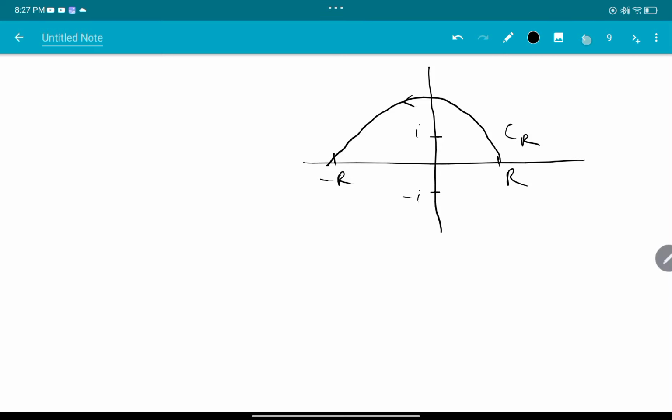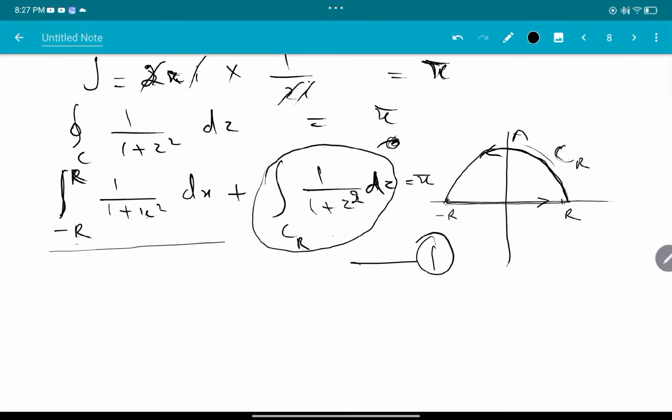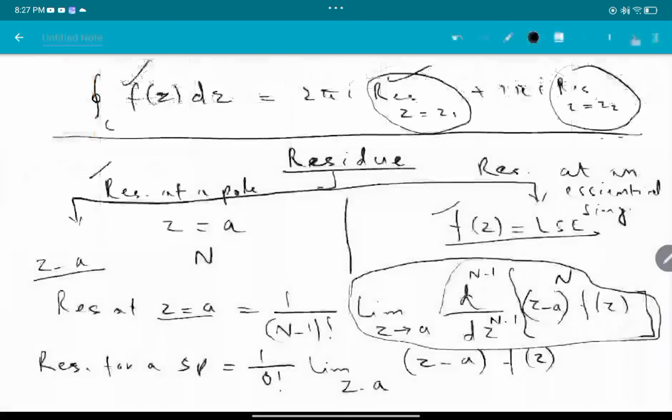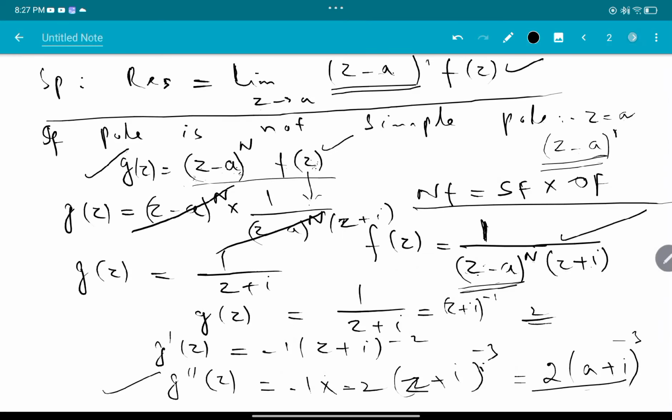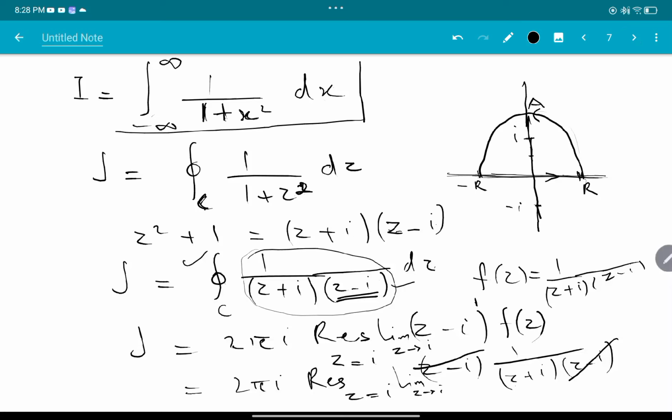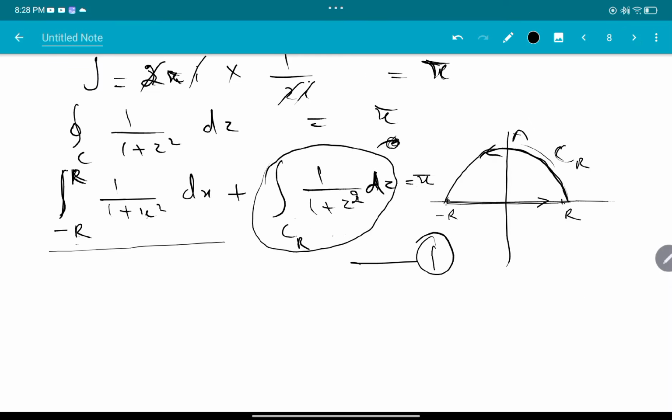The integral that I wish would disappear is the C_R integral. Now let me see what to do with it.